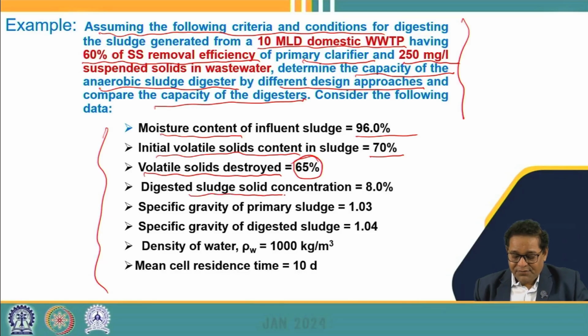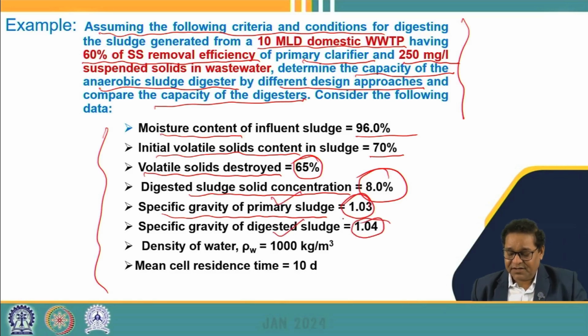The solid concentration in the digested sludge is 8%, whereas the specific gravity is 1.03 for the primary sludge, and for the digested sludge the specific gravity is a little higher, that is 1.04. Take density of water equal to 1000 kg per meter cube, and the given residence time, that is the MCRT value, is 10 days.